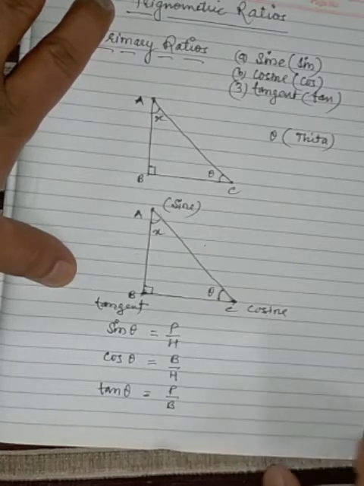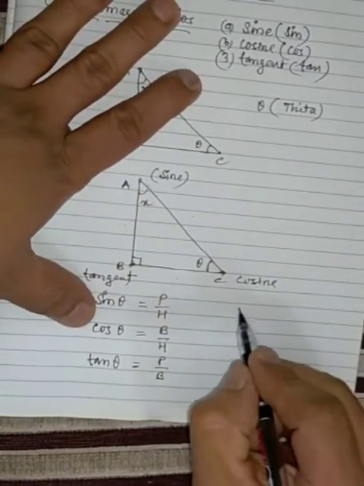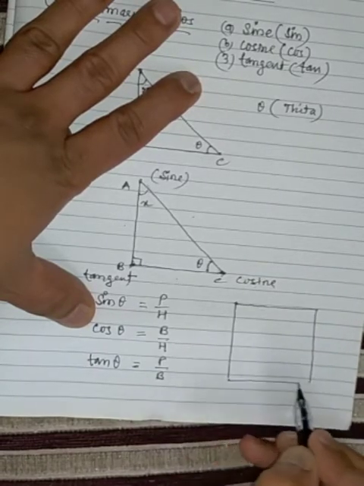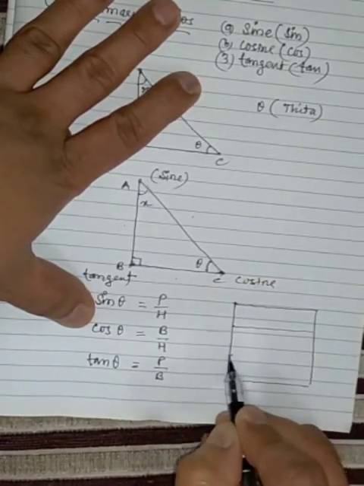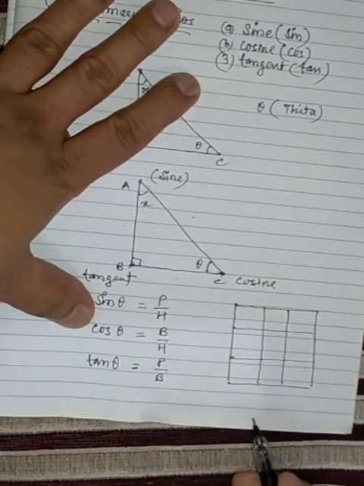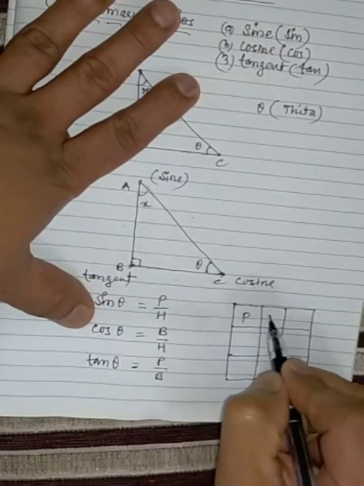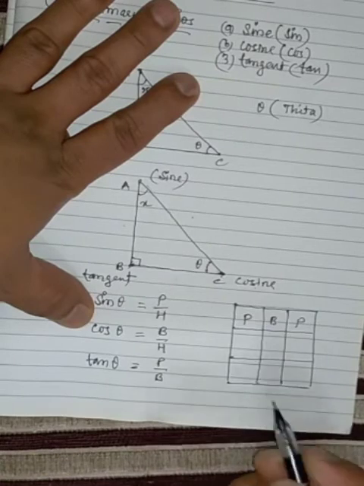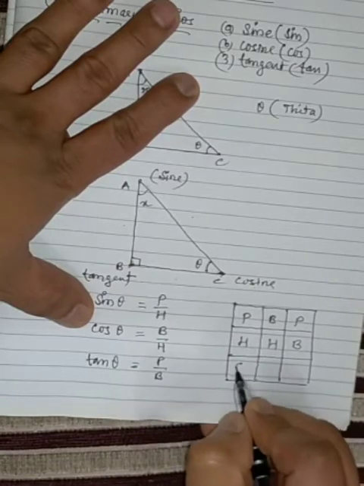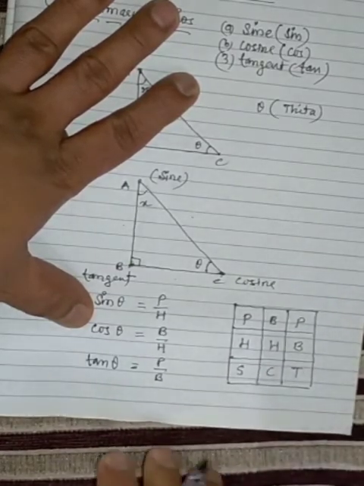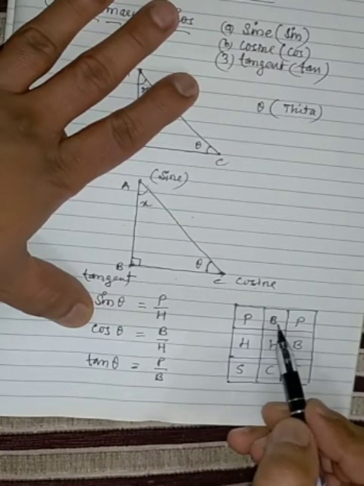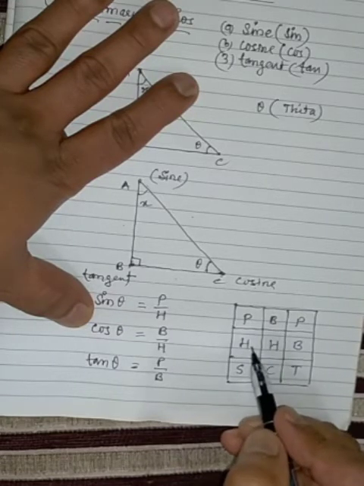Now to learn this, we can use a very interesting method. You can make a 3x3 grid, and you can write these letters here: P, B, P, H, H, B, S, C, T. Here P is for perpendicular, B is for base, and H is the hypotenuse.